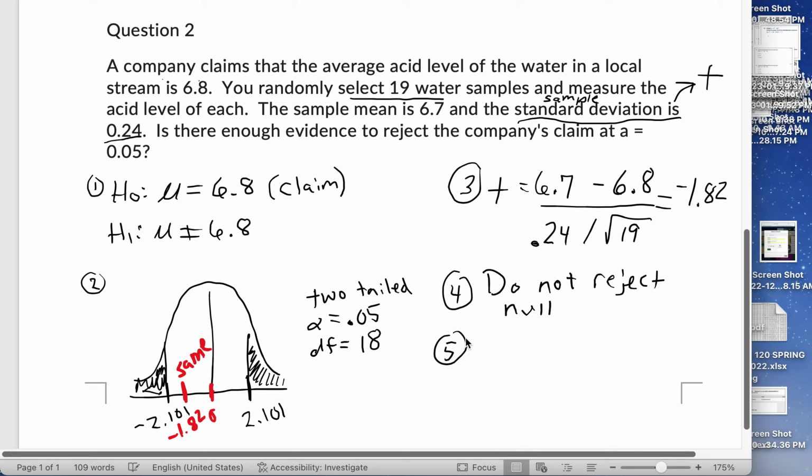Finally, we're going to use our chart for the conclusion. The claim is H0. We said do not reject it. So we're going to say there is not enough evidence to reject the claim.